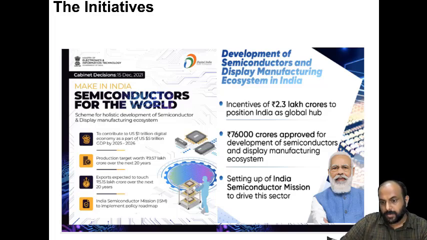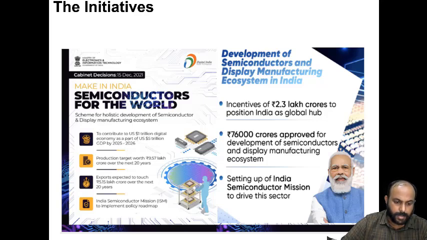Also, 76,000 crores is approved for the development of a semiconductor and display manufacturing ecosystem, including the establishment of fabs. The aim is to set up the India Semiconductor Mission to drive this sector.